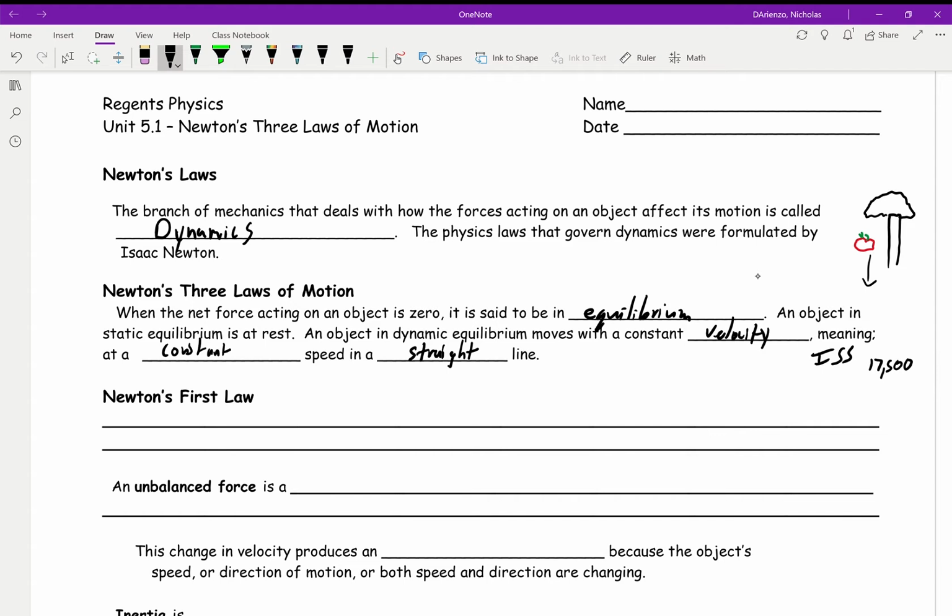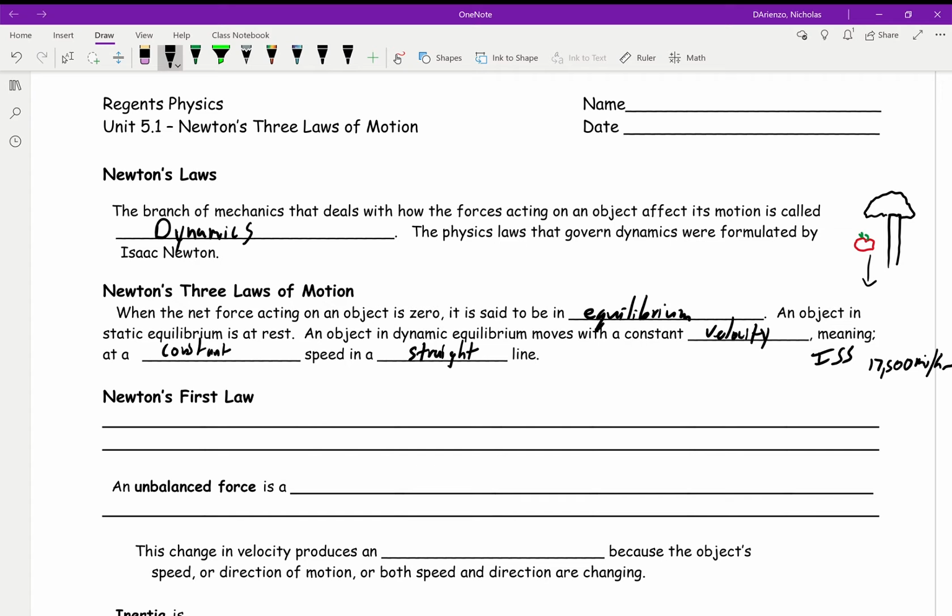I believe that is miles per hour. And it moves at that velocity until something speeds it up or slows it down. And that's going to lead us into Newton's first law. So this ISS is moving at constant velocity, not quite in a straight line, but it is moving at a constant speed around the Earth.